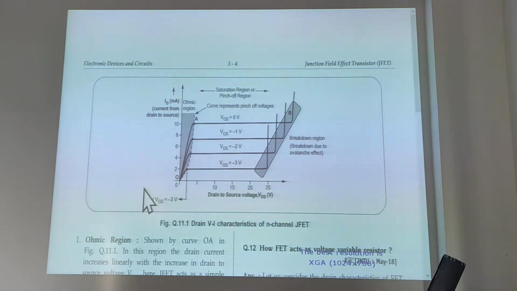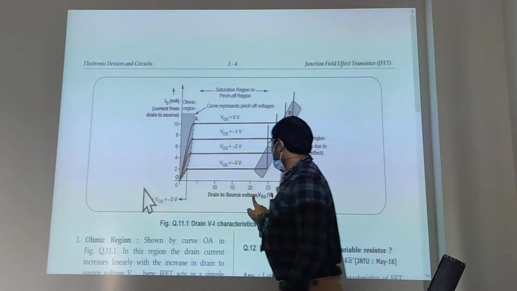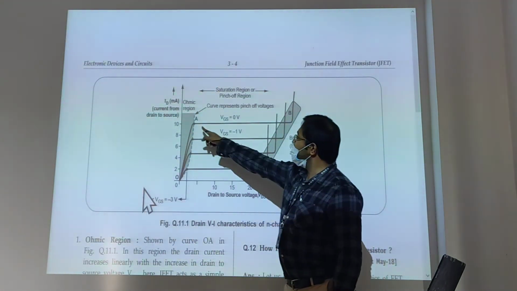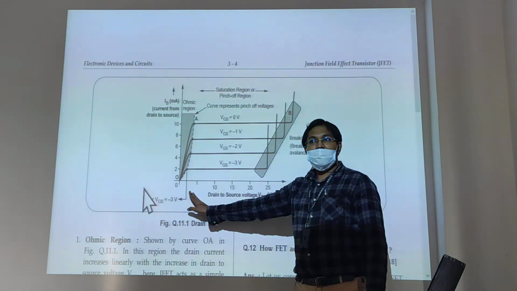Clear? Check out the previous problems. When you are using the formula ID equals IDSS into 1 minus VGS by VP whole square, that VP you are taking with respect to VGS. That is the negative pinch off voltage. Another pinch off voltage you have in terms of VDS. That is positive voltage. Clear?